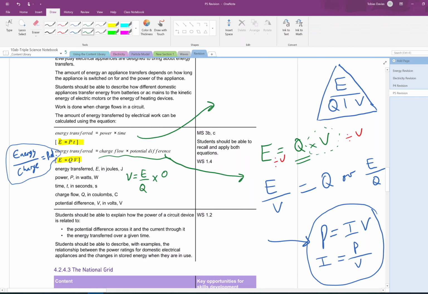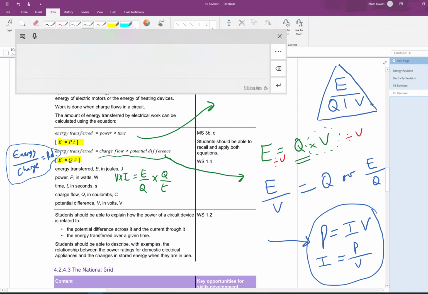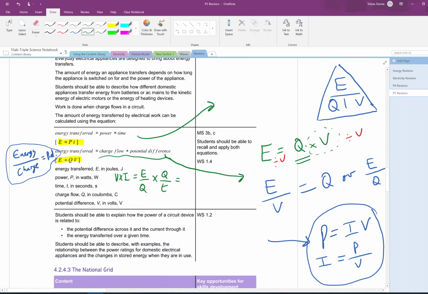Current is Q over T. So if I do I multiplied by V, or V multiplied by I, then I end up with just E over T, because those two Q's will cancel, and that obviously is power.